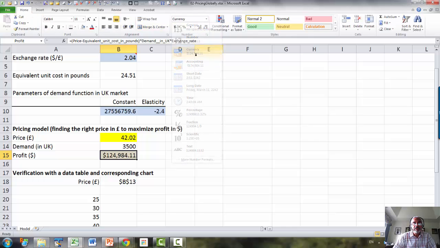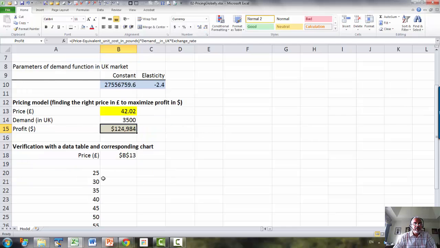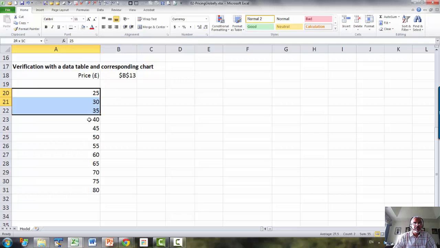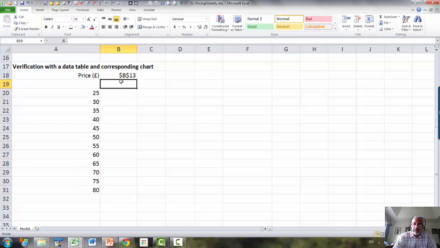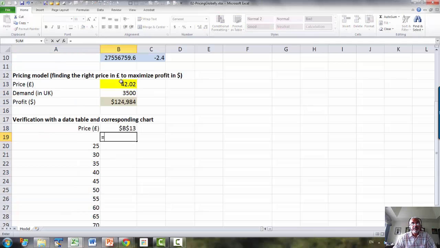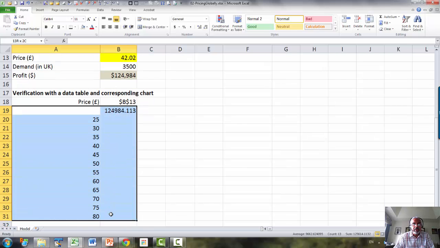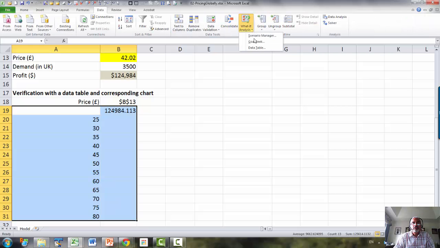Change the format. So now we want to do a data table, and these are the prices in pounds, and we want profit in dollars. So do a one-way table, highlight like that, and do table.